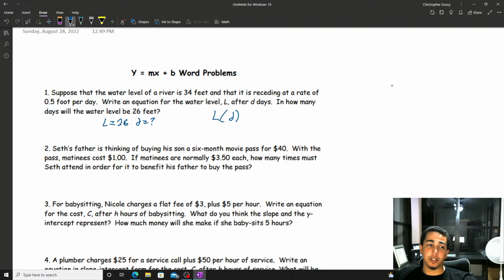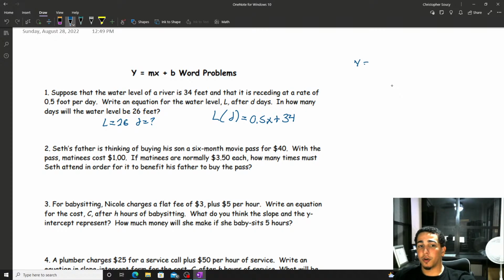So if we reread the first sentence, suppose that the water level of a river is 34 feet. This sounds like our initial amount, which will be our constant. That is receding at a rate of 0.5 feet per day, half a foot per day, which is going to be 0.5x and then plus 34.